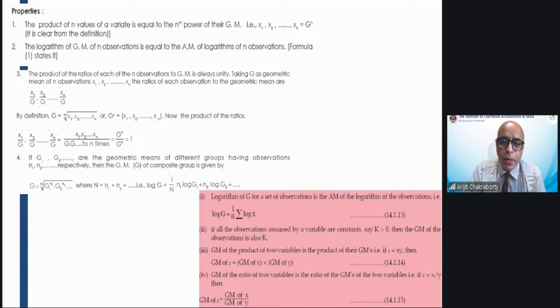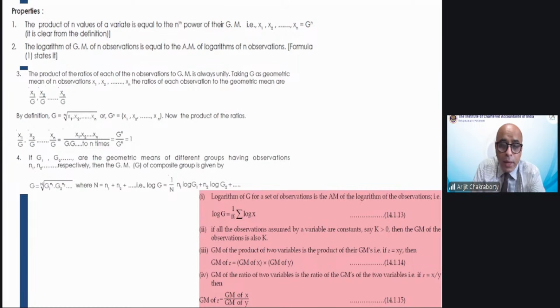The answer is yes. You just need to multiply the geometric mean of x and the geometric mean of y. So the geometric mean of z is the product of the geometric means of x and y.